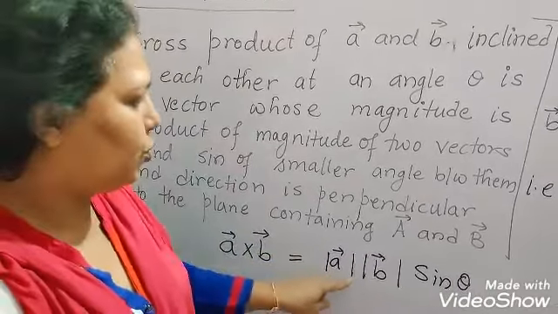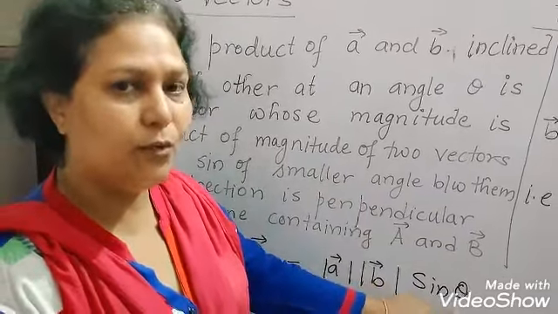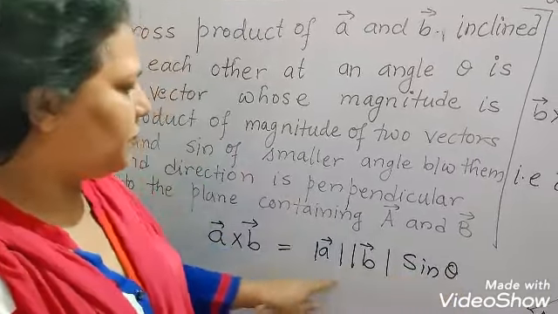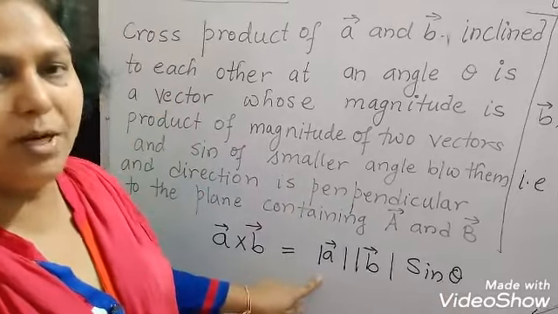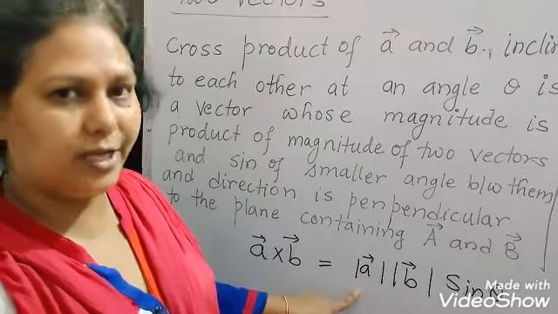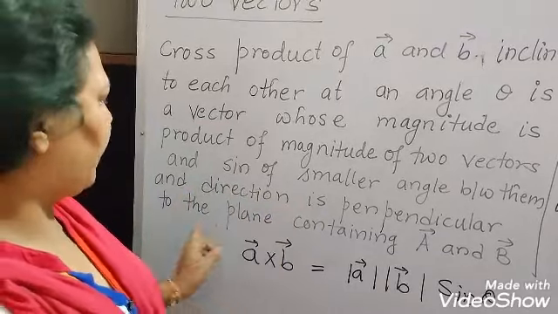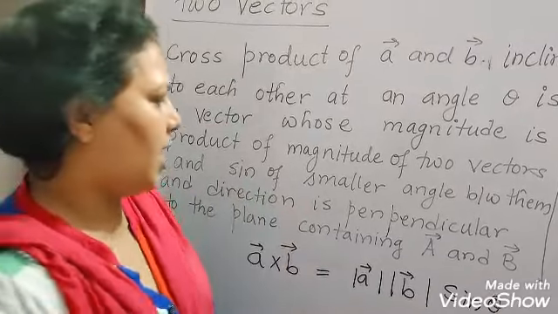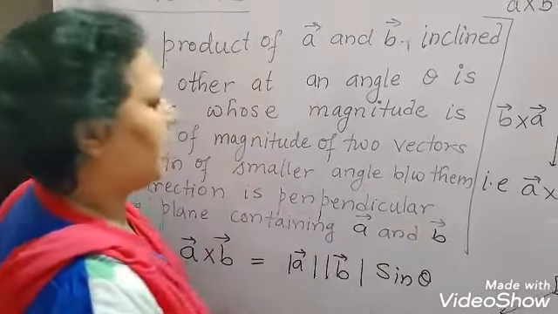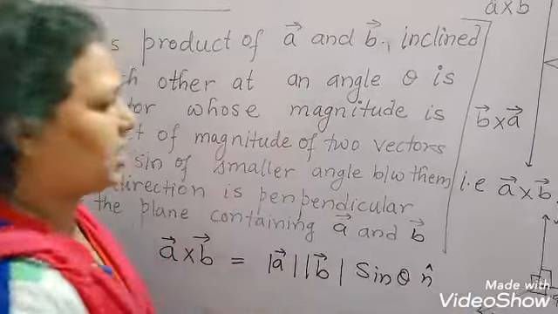The product of the two vectors' magnitudes and the sine of their smaller angle, by which they are inclined. Okay, so this will give us the magnitude. But what about direction? Because the resultant is a vector quantity, obviously the direction would be there. So the direction is perpendicular to the plane containing these two vectors A and B. Here I am writing this as n cap. N cap is what?